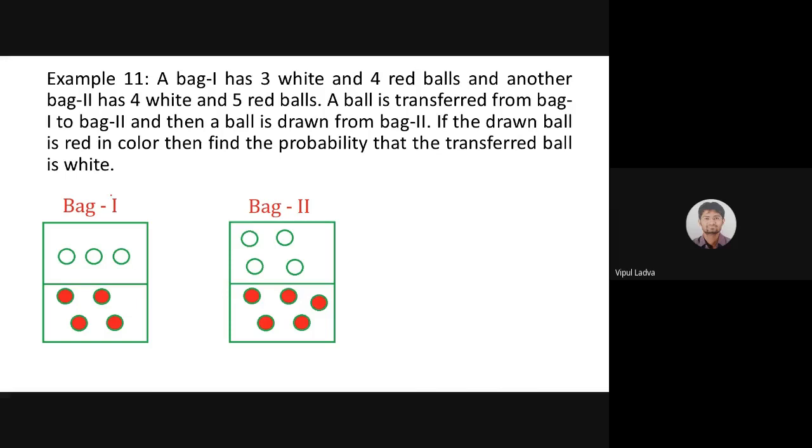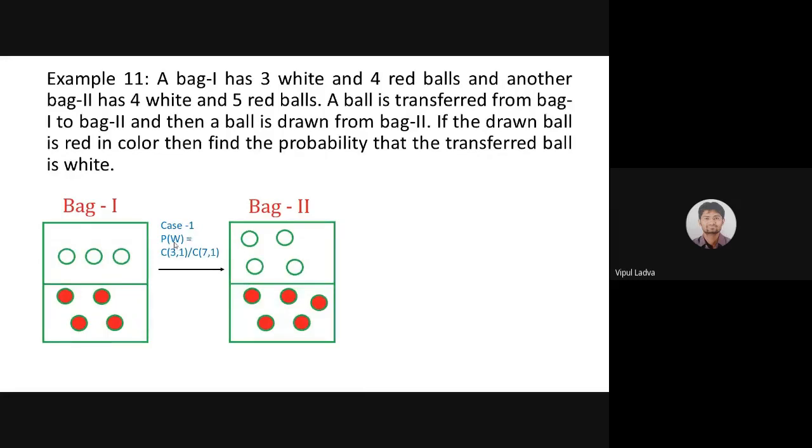So this is the scenario for bag 1 and bag 2. Now, what we are doing first, we are transferring one of the balls from bag 1 to bag 2. Now, in that case, we will be in two cases. The first case might be that a white ball is transferred from bag 1 to bag 2.